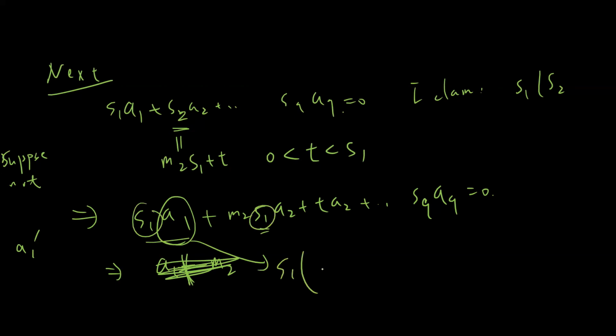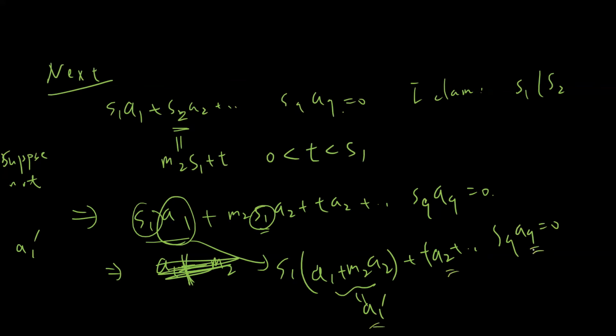So I write S1 (A1 + M2 A2) + T A2 + ... + SQ AQ = 0. Let me define A1 + M2 A2 to be A1 prime. Now you get another minimum generating set, A1 prime, A2, up to AQ. In this relation, T is still smaller than S1, which is a contradiction. So T should be 0.